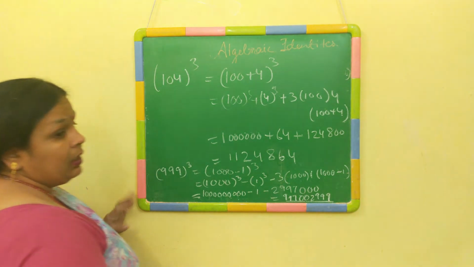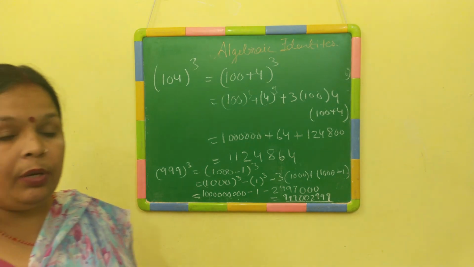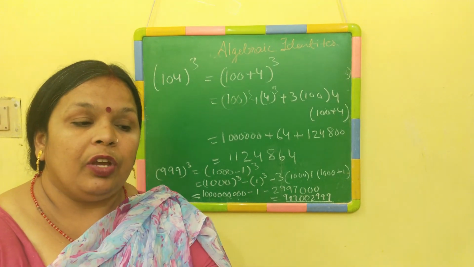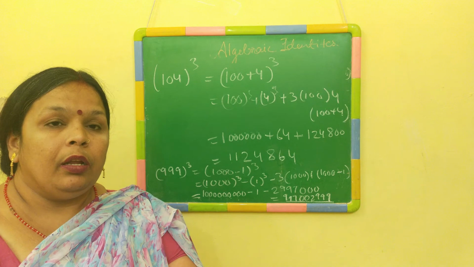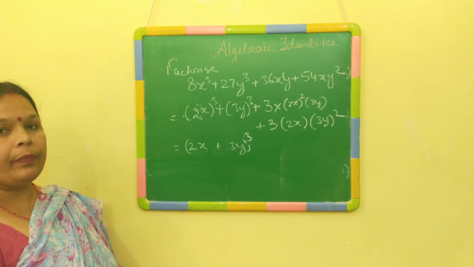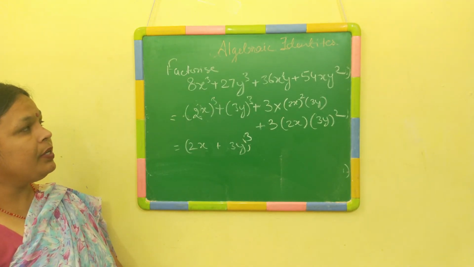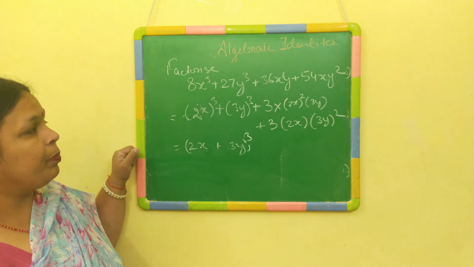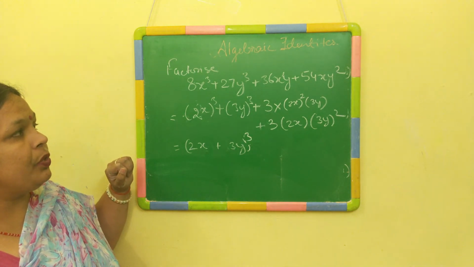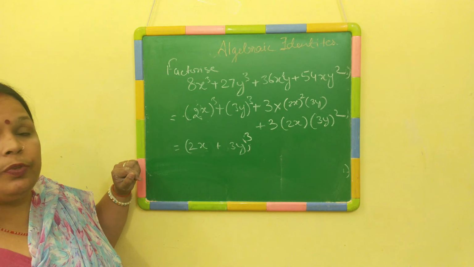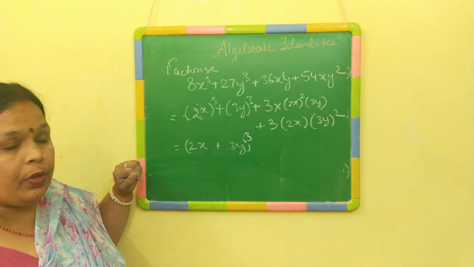Now let's take one last example for checking the identity. Now factorize 8x cube plus 27y cube plus 36x square y plus 54xy square.